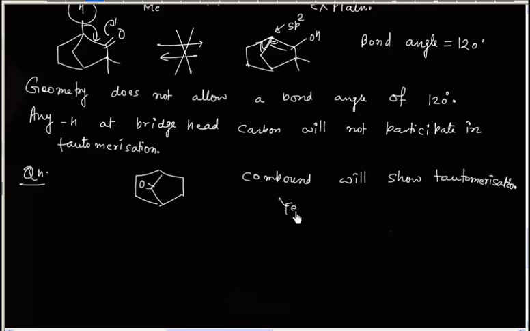You have to answer in yes or no. Now at this carbon we have a hydrogen, but that hydrogen is at a bridgehead position, and this hydrogen is also at a bridgehead position. And hydrogen at a bridgehead position does not participate in tautomerization. So this compound will not show tautomerization.